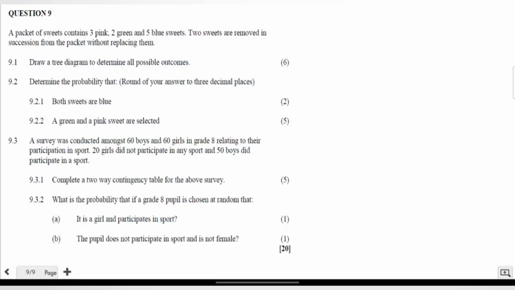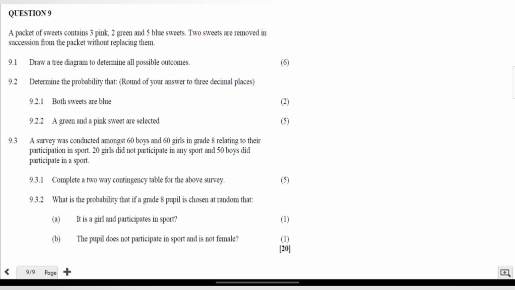So that must be there in your mind. This one is dependent, not independent, because the sample space is affected when you go for the second sweet.